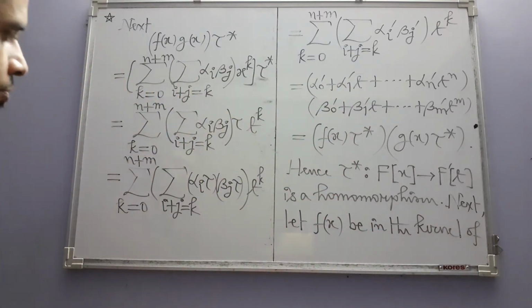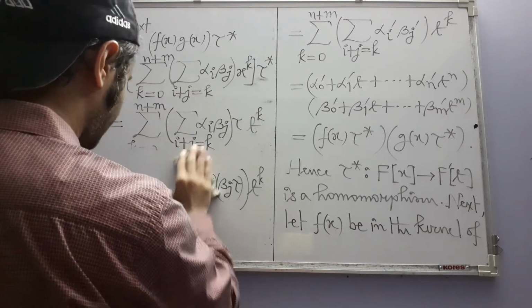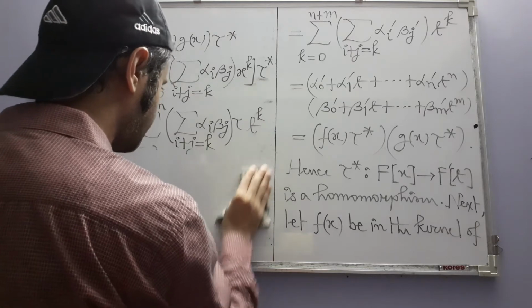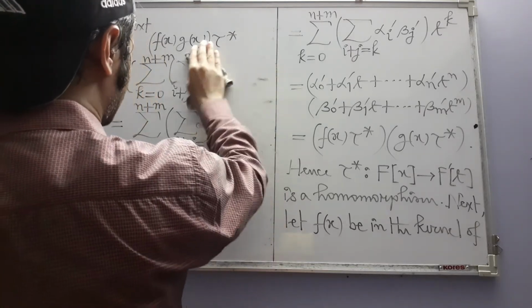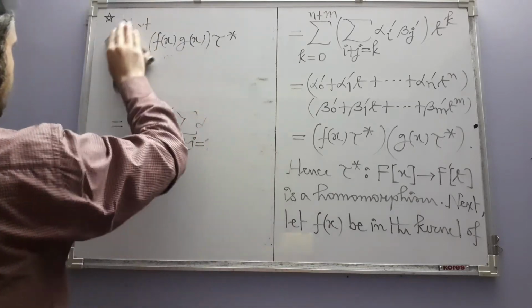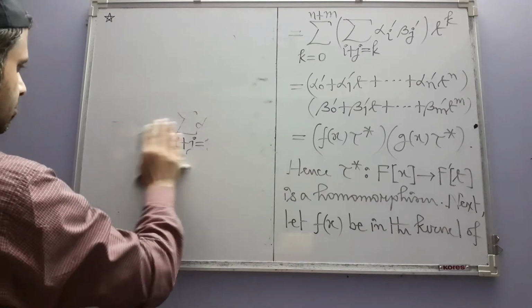If we can prove that this implies f(x) has to be the zero polynomial, then the kernel has only the zero element, and hence the function tau star will be one-to-one. Or if you want, you can show one-to-oneness directly also.